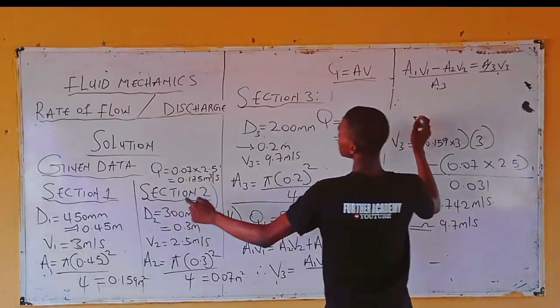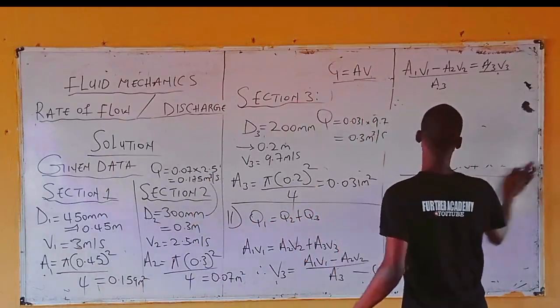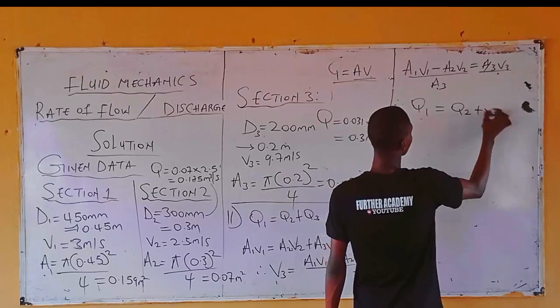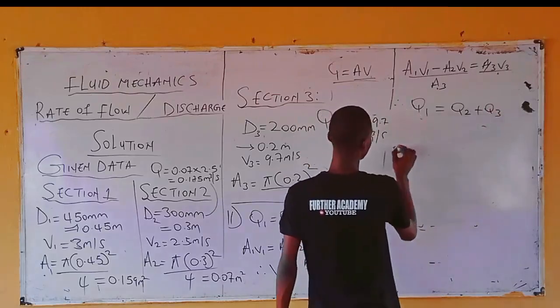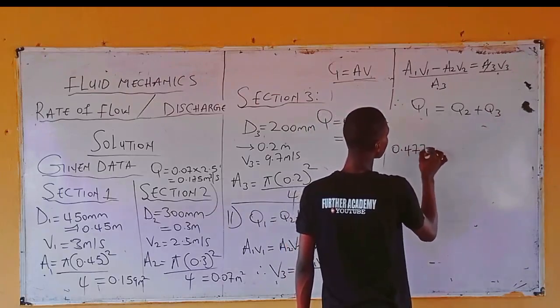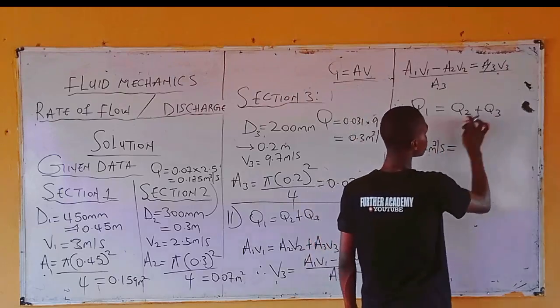Therefore, for this data to satisfy the continuity equation, Q1 is equal to Q2 plus Q3. And we've gotten Q1 to be 0.477 meter cube per second, which must be equal to Q2 plus Q3.